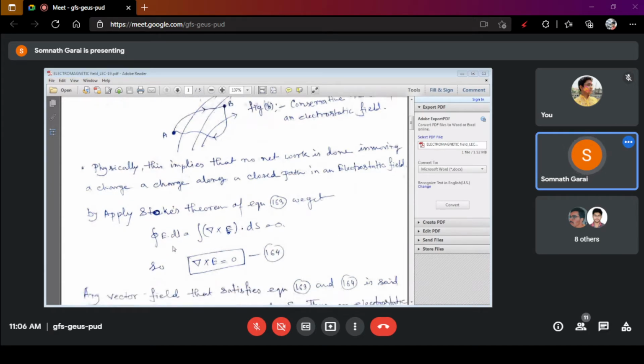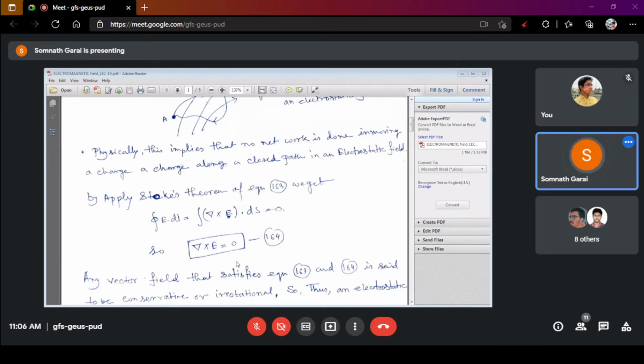So we can write that the closed integral of E dot dl is equal to the integration of del cross E dot ds. If that is equal to 0, ds is not equal to 0 because ds is the differential area. So if we compare, del cross E is equal to 0.